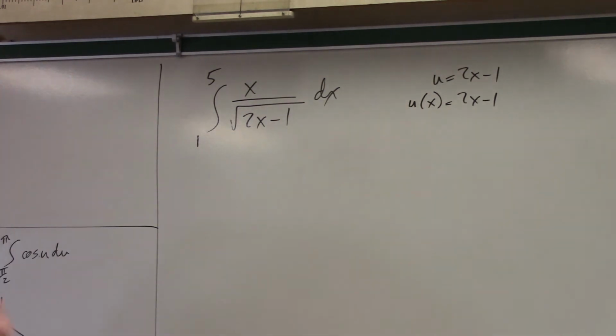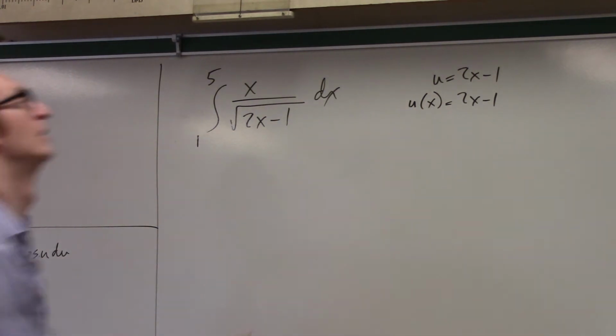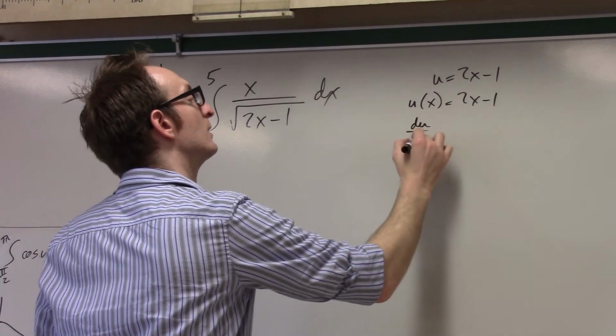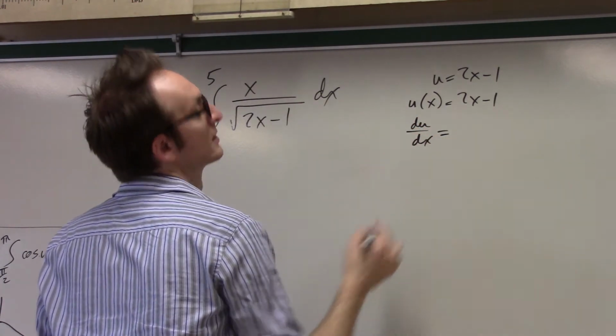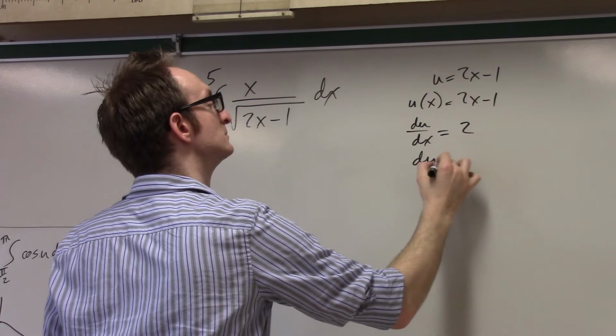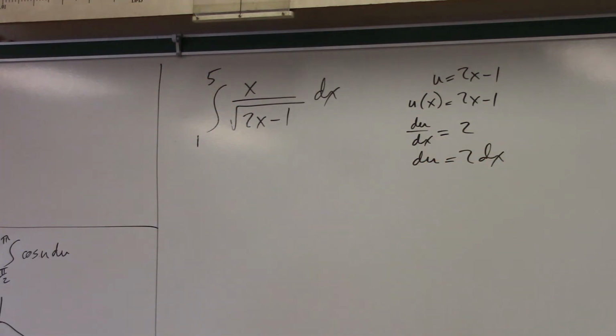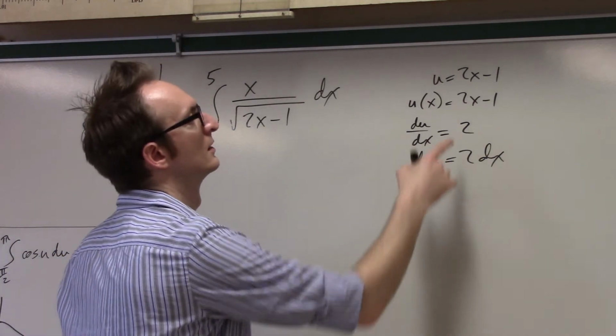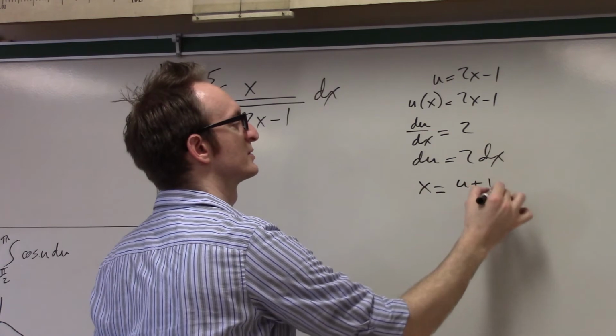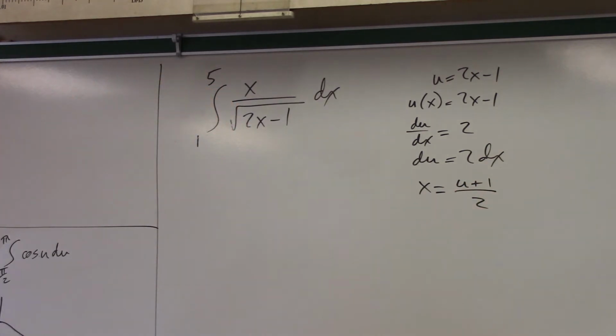It takes x values and outputs u values. And this is one of those where I have to solve for x, right? x is u plus 1 over 2 or something. I think I'm doing that right.